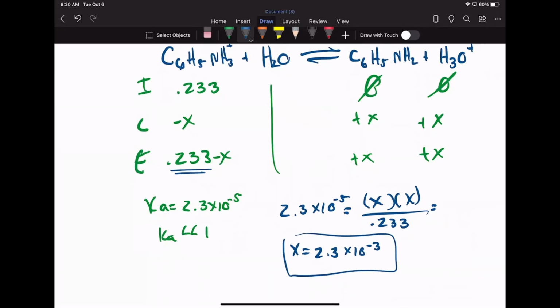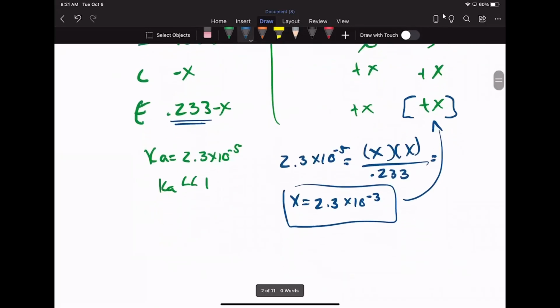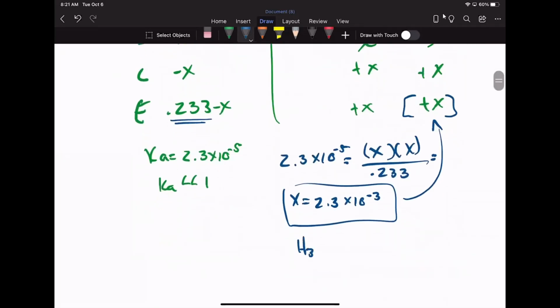As soon as I find out what x is, that's my final concentration. This is our concentration of hydronium. So we can say that H3O+ concentration is 2.3 times 10 to the minus 3.